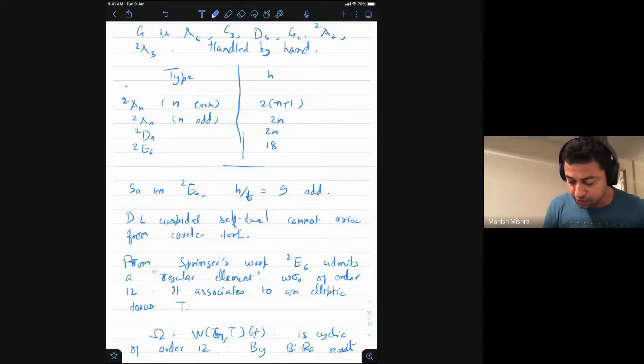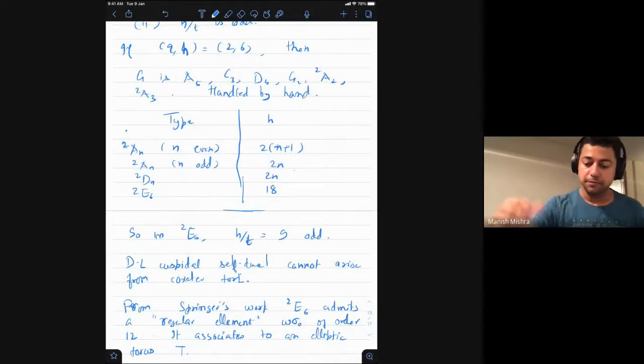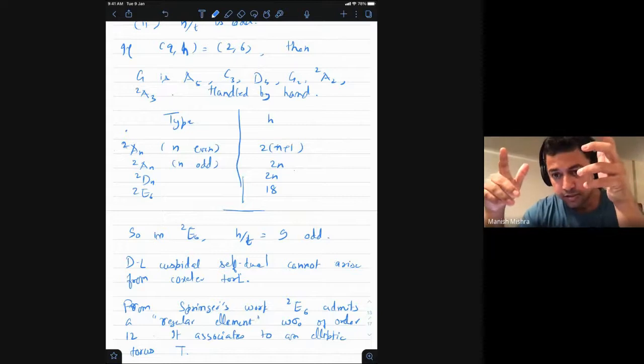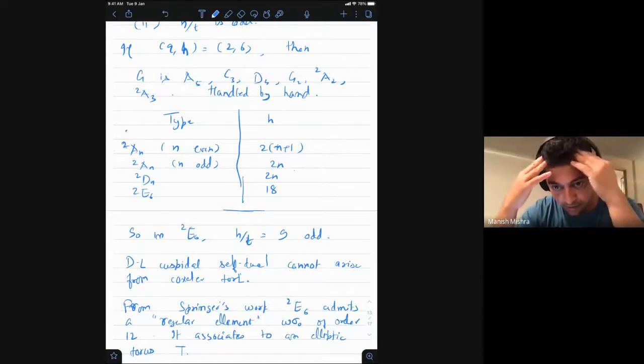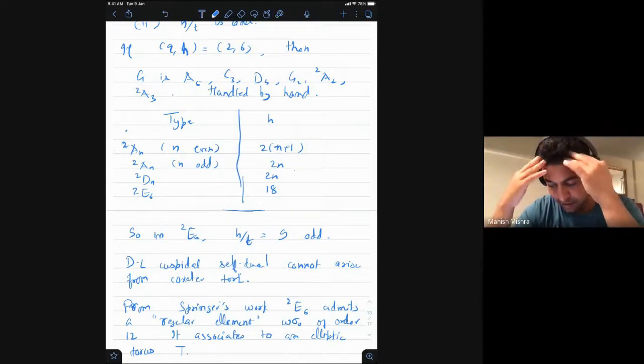So these are the two remaining cases to be handled: to find these pairs in general position, and also to find such a pair which is conjugate self-dual.